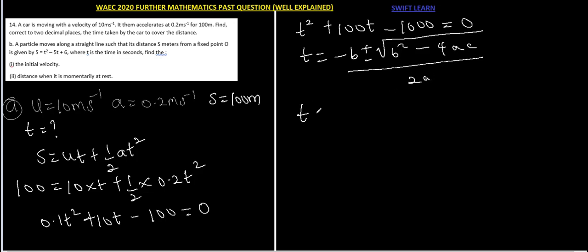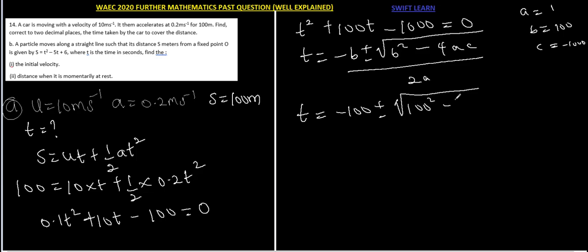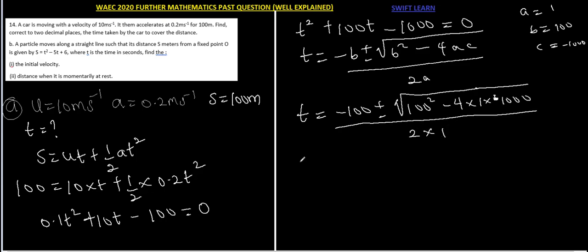Here a is 1, b is the coefficient of t, which is 100, while c is minus 1000. So that's t equals minus 100 plus or minus root of 100 squared minus 4 times 1 times minus 1000, divided by 2 times 1.